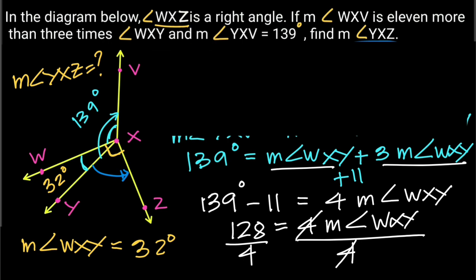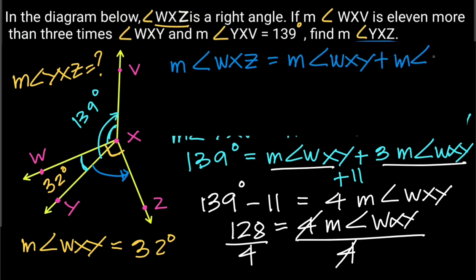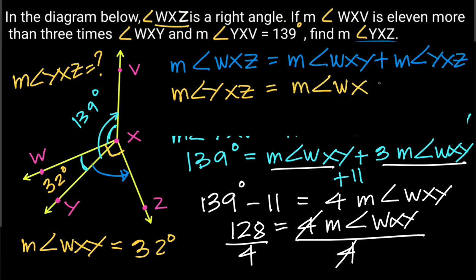So the measure of angle WXZ is equal to the measure of angle WXY plus the measure of angle YXZ. Then we can solve for the measure of angle YXZ, which is just equal to the measure of WXZ minus the measure of WXY.